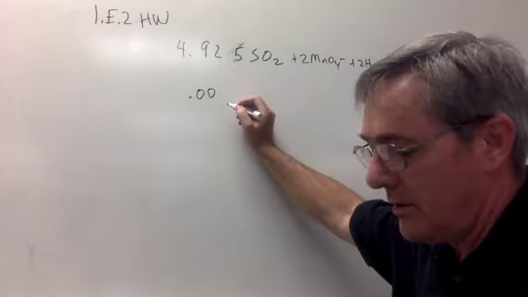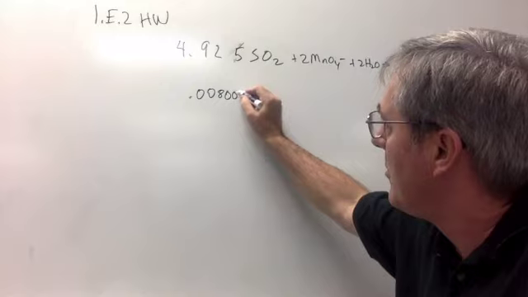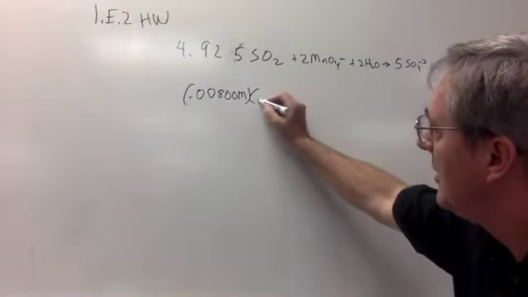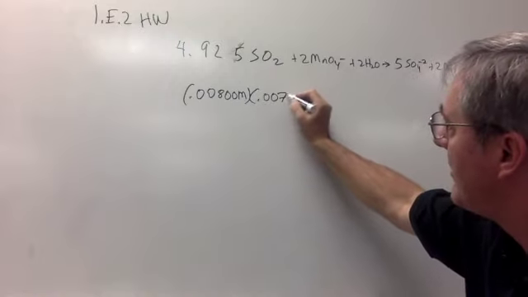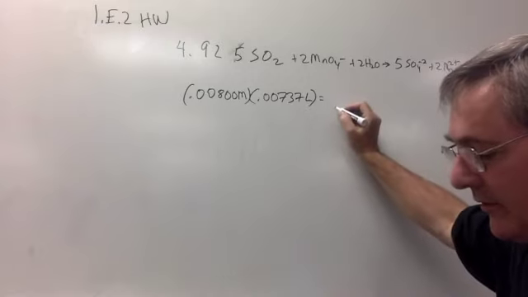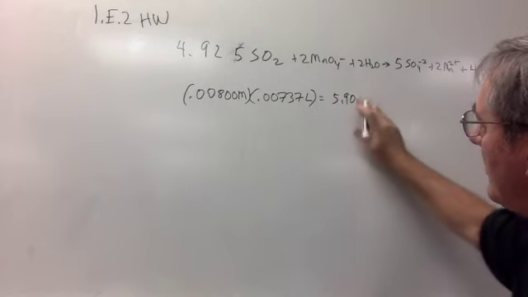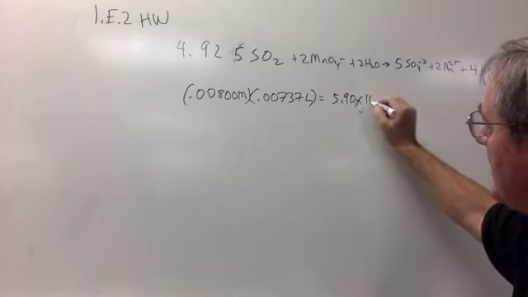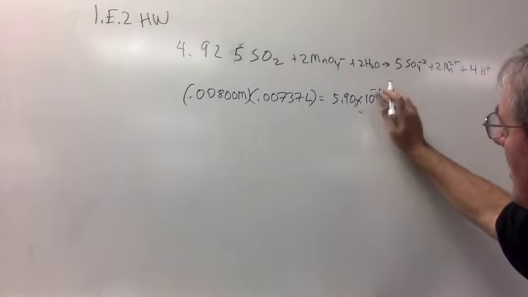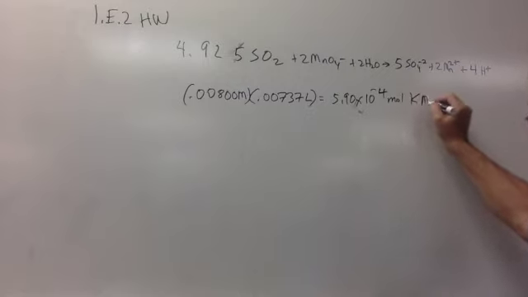So our KMnO4 has a 0.00800 molar solution. That's our titrant, 0.00737 liters. Makes 5.90 moles, or 5.90 times 10 to the minus 4 moles of KMnO4, potassium permanganate.